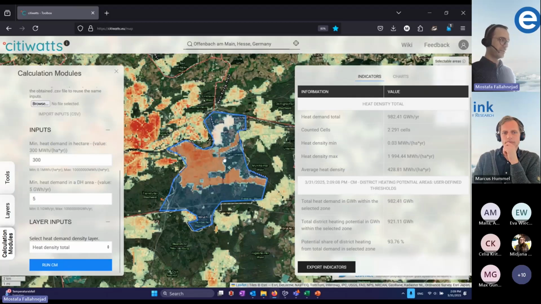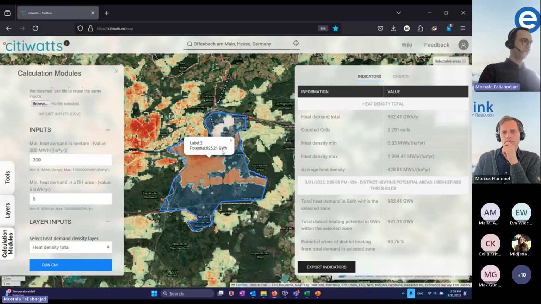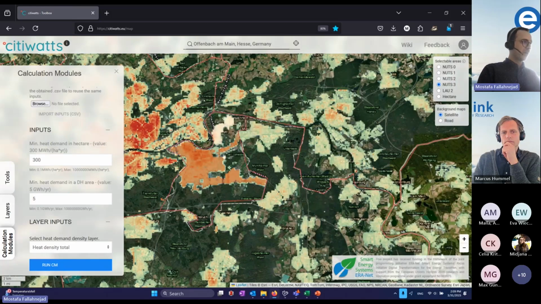The reason is that we have one huge area which includes 825 gigawatt hours of demand, and also a smaller one, probably this one, or somewhere that I cannot identify right away. This one. So these two regions are identified.